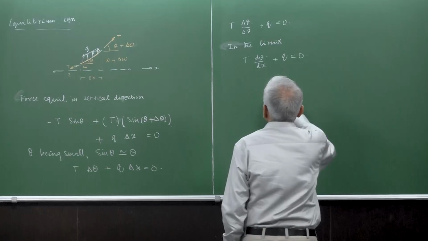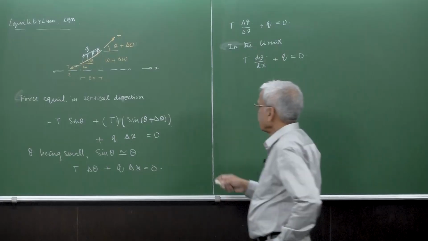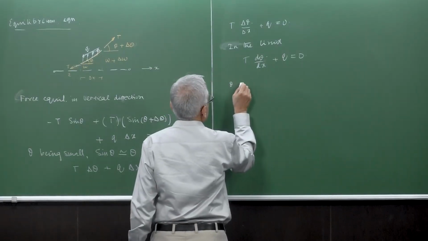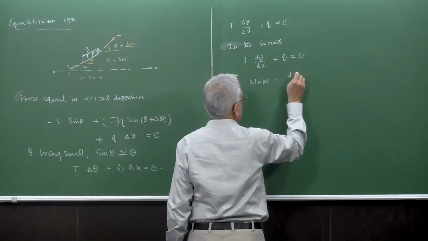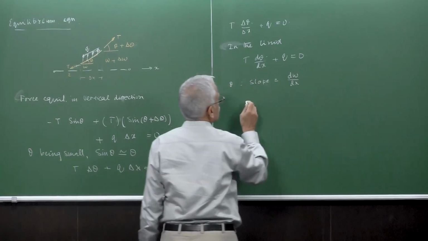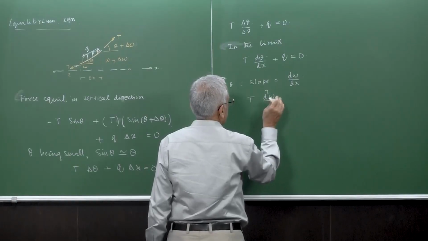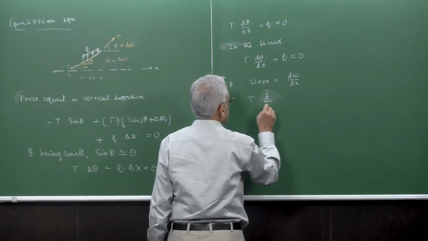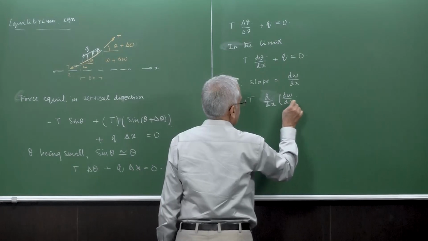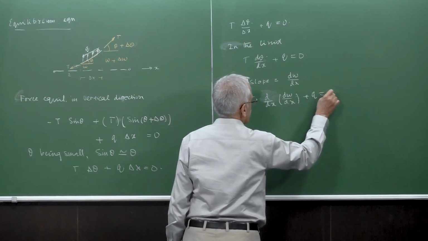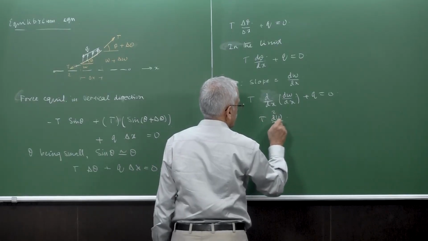So here now we want to replace this theta in terms of W. If theta is the slope, which is given by dW by dx, which now we'll write as T times d square W by dx square, or d dx of dW by dx, plus q is equal to 0.